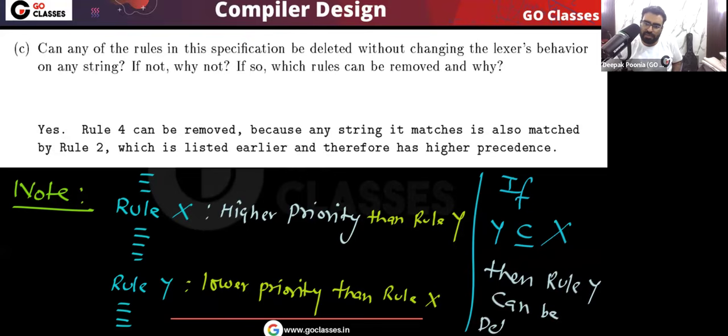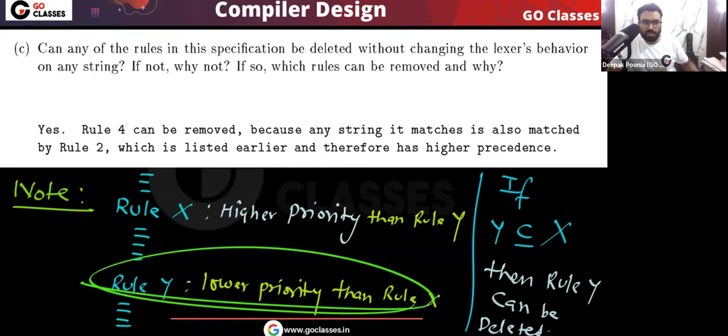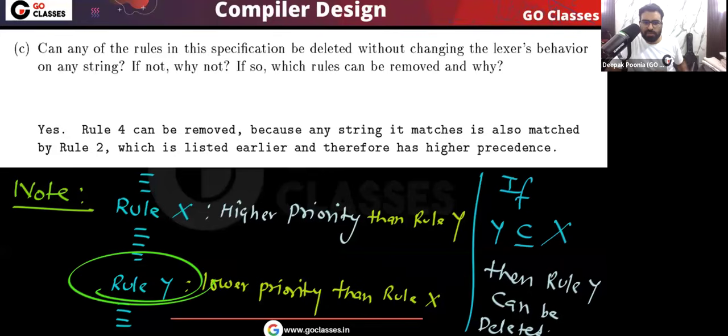Rule Y can be deleted. That's it. This is the explanation, this is the theorem. You can take it as a theorem if you want, but I hope you understood the concept that in this type of situation where Y is subset of X, the token corresponding to rule Y will never be generated, so you can delete it.